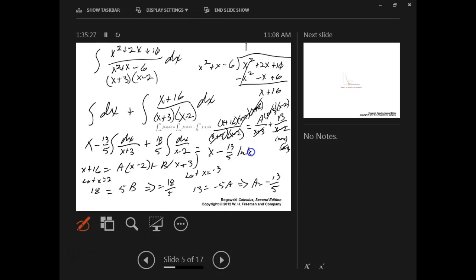Log of x plus 3, plus 18/5 log of absolute value x minus 2, and then plus C. All right, that I hope is how they leave their answer. x minus 13/5 log x plus 3, good for them, plus 18/5 log x minus 2, good for them, plus C. Yes. Okay.